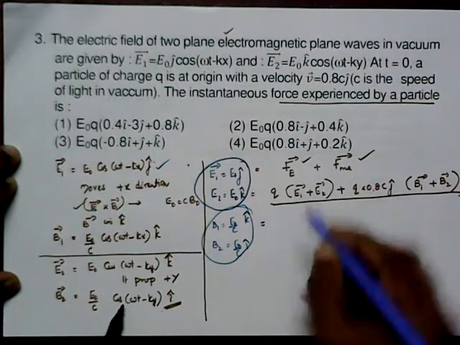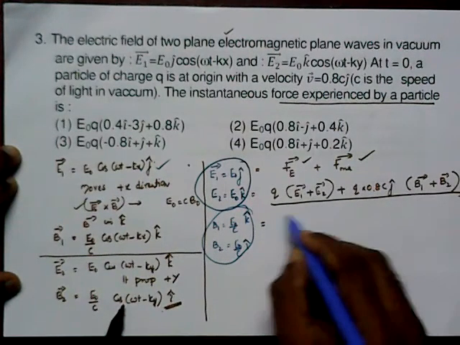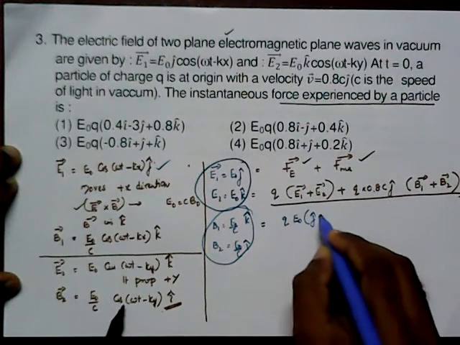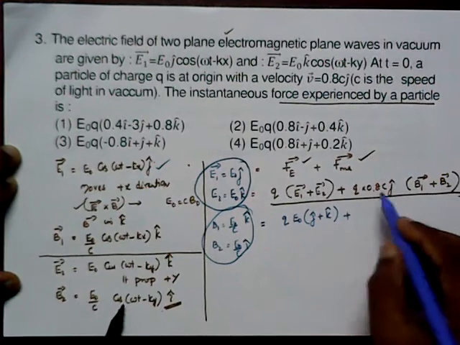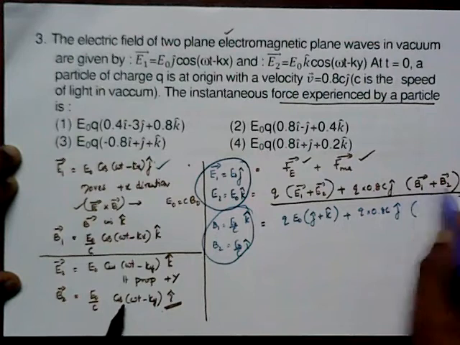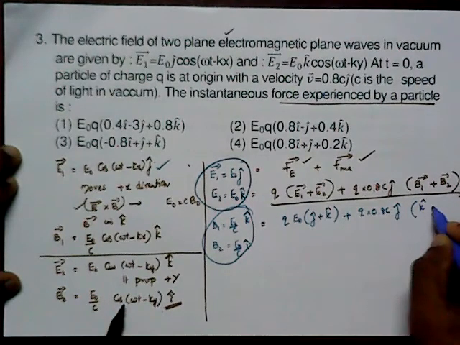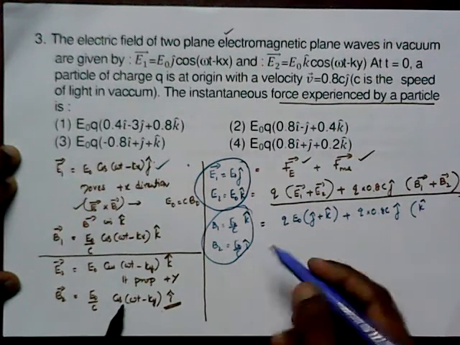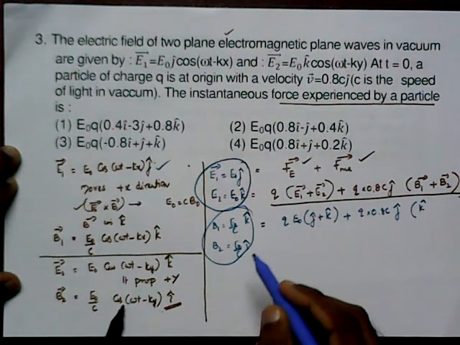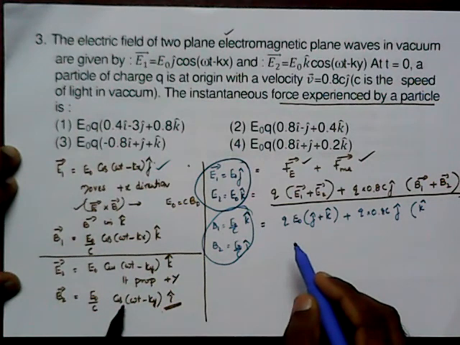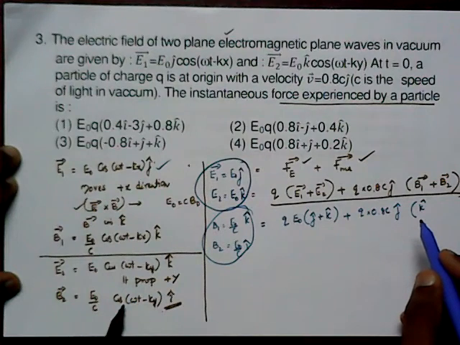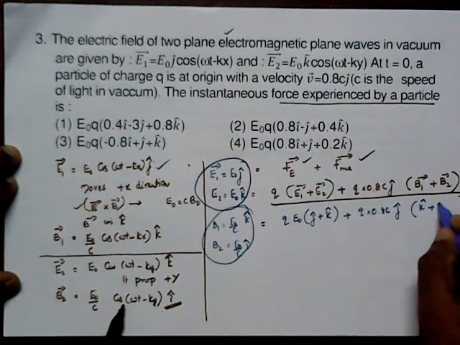So the force is equal to Q, with E0 in common, into j plus k, plus Q into 0.8c j cross B1, whose direction is k cap, and B2, keep in mind its direction, so 0.8 Q E0 into k cap plus i.